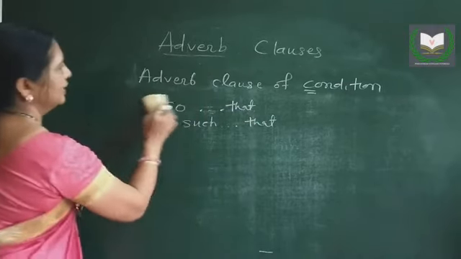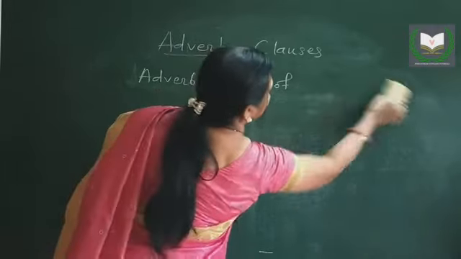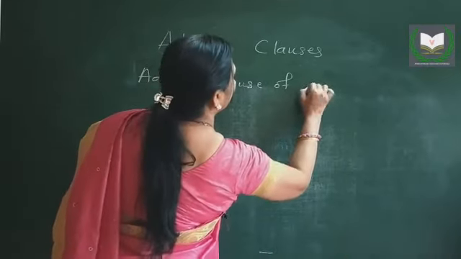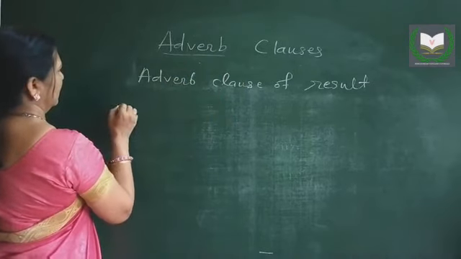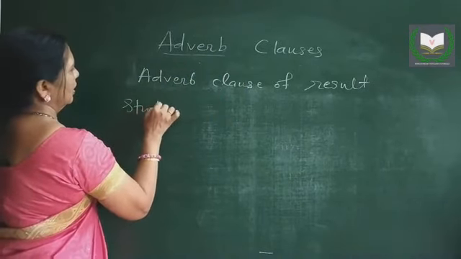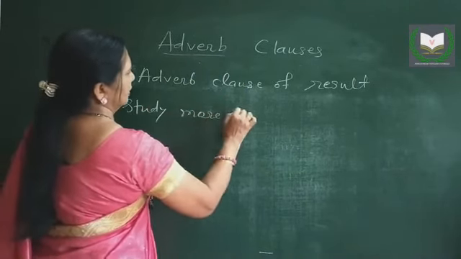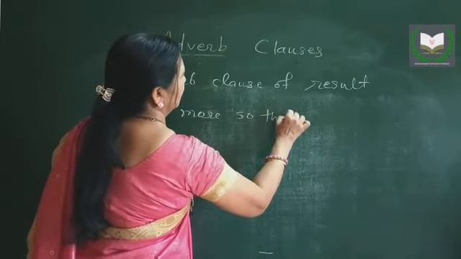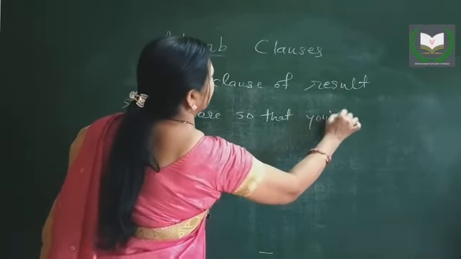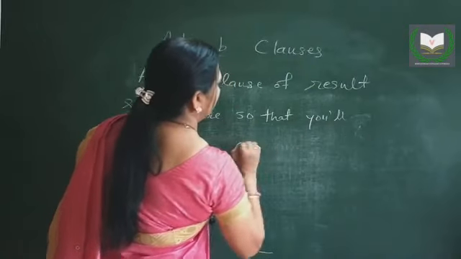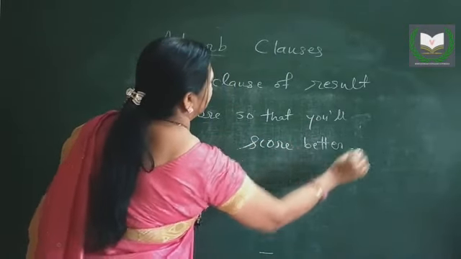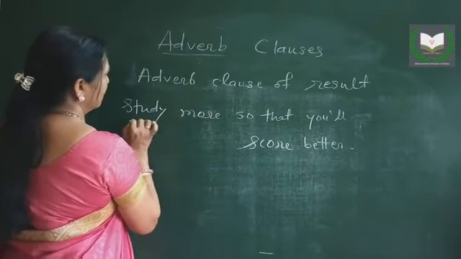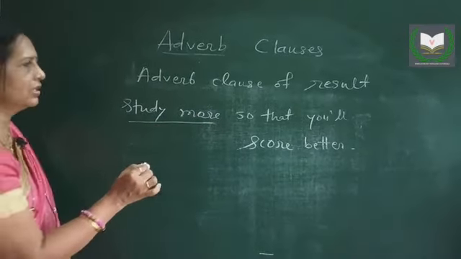So let us see the example. We are speaking about adverb clause of result. Study more so that you will score better. So here, study more, this is the main clause.